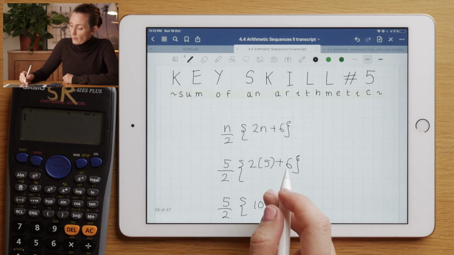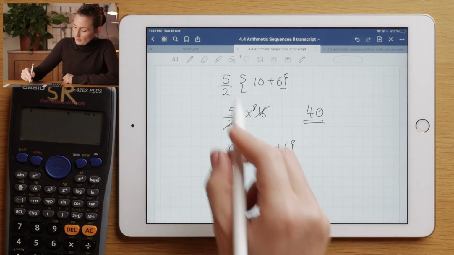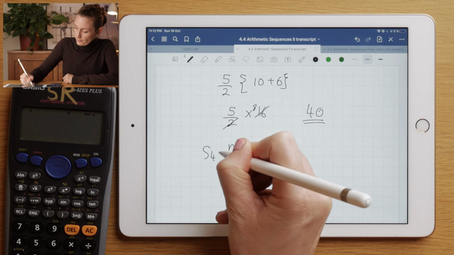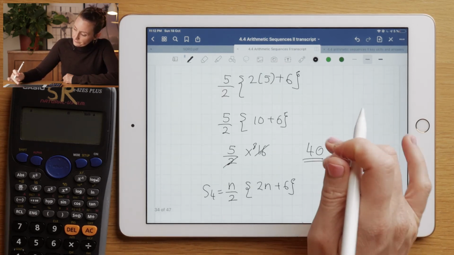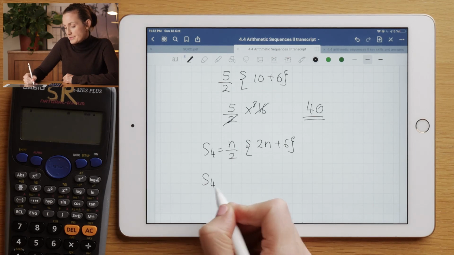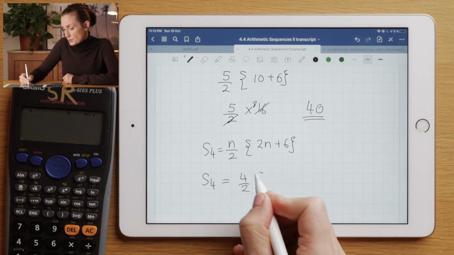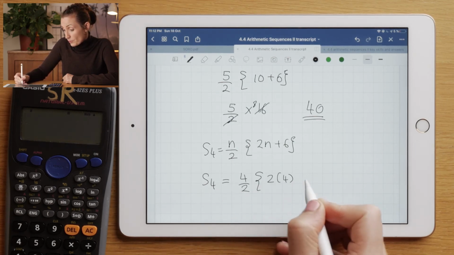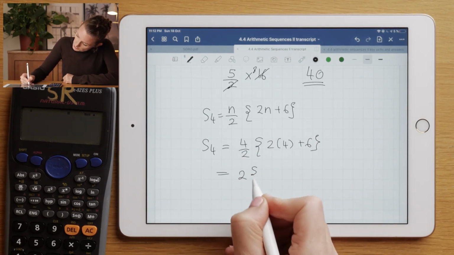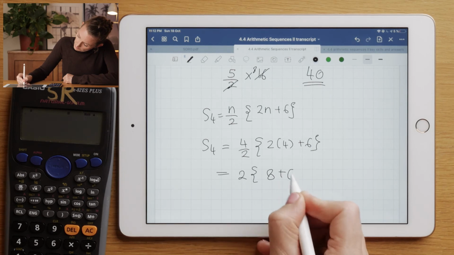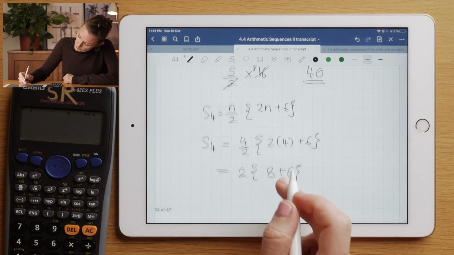Now if you compare that with S4, so this would be S4. This would have been S5. S4 would be 4 over 2, 2 times 4 plus 6. 4 over 2 would be 2. That would be 8 plus 6, which would be 14.